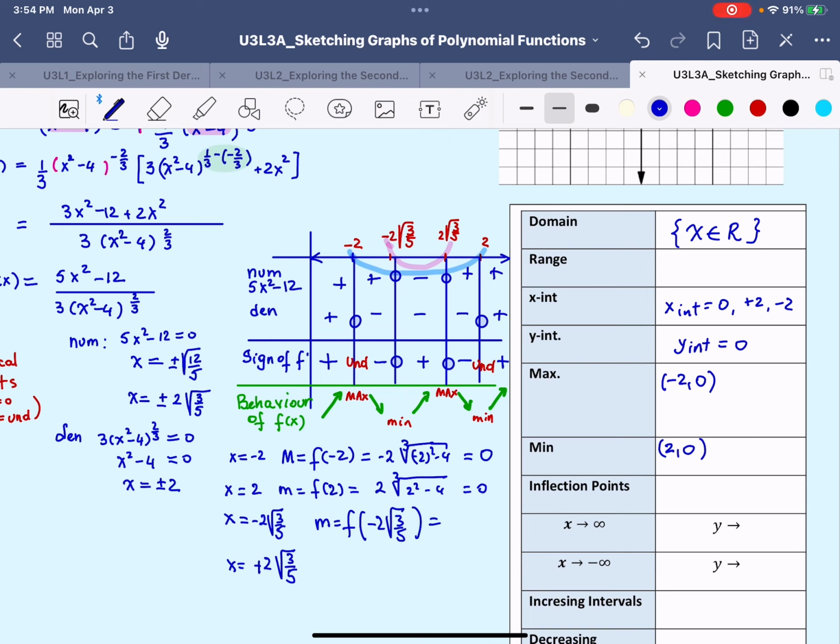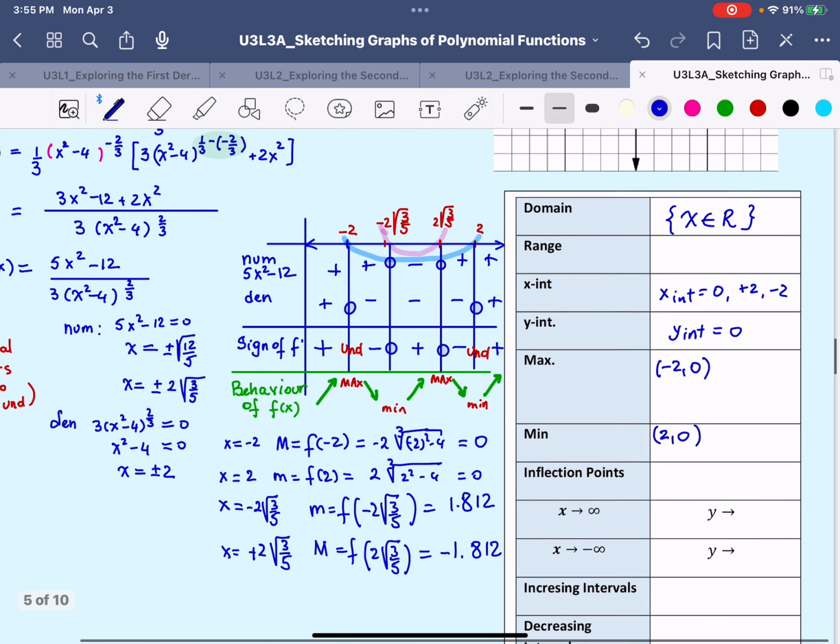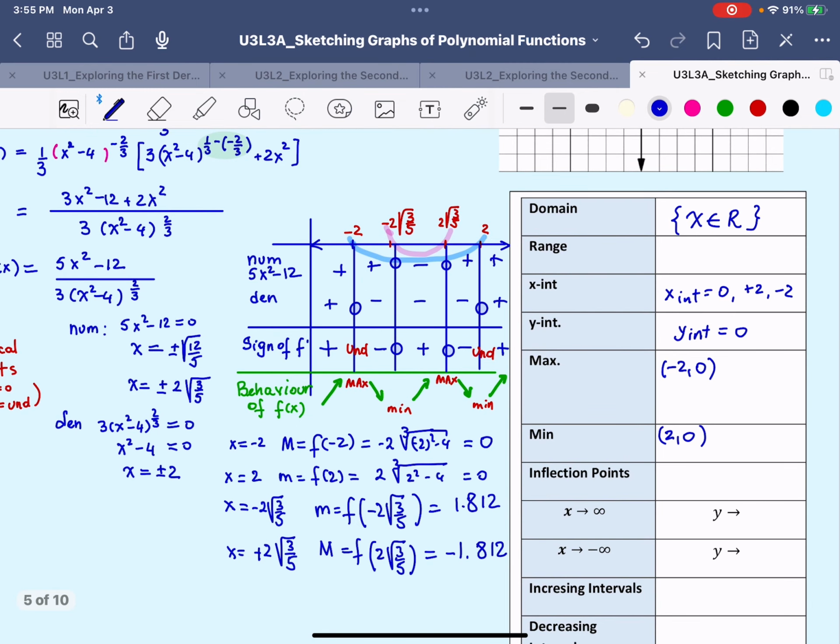And for this, we're simply going to use a calculator, so we'll find out the value of the function is 1.812. And at positive 2 root 3 over 5, the function will have a maximum, and the value of it will be equal to negative 1.812. So let's plot all the points on the chart first.